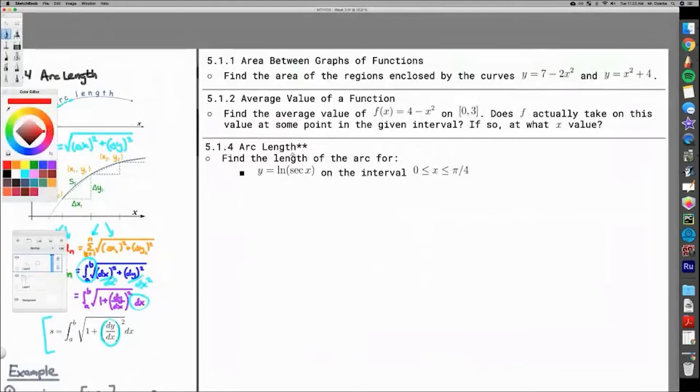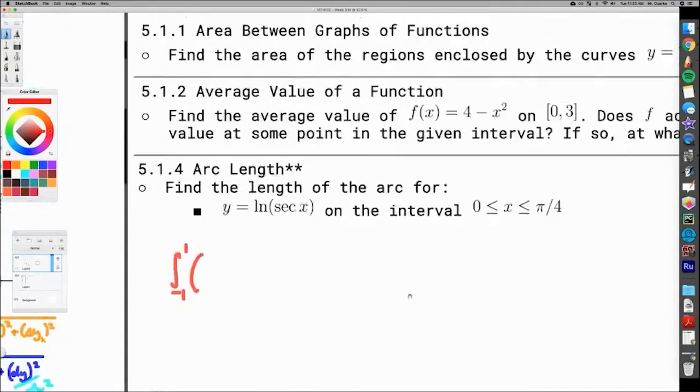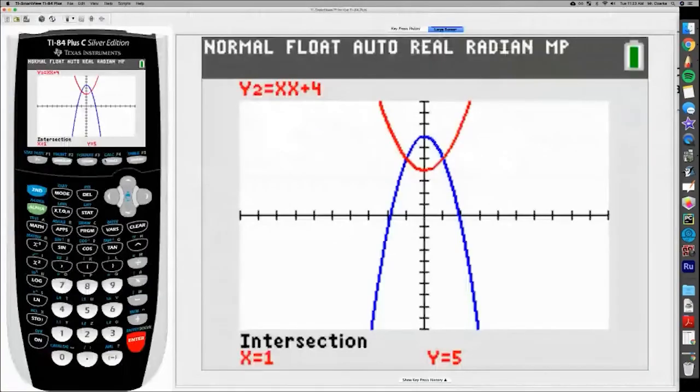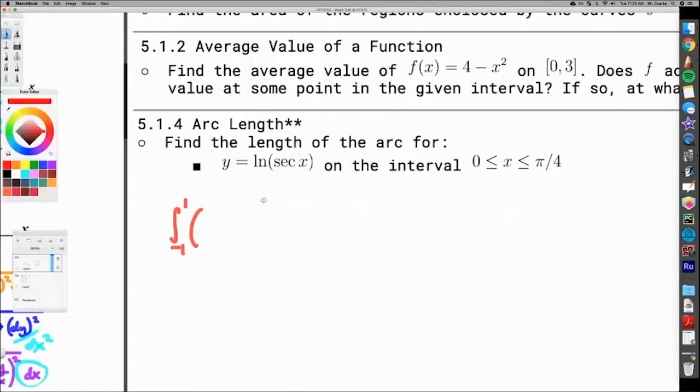So when you're setting up your integral, it's going to be integral, zoom in here, from -1 to 1 of whichever one's the one on top. And the one on top, I believe, is the first one. That doesn't always happen, by the way. The blue is the one that's on top here, which is 7 minus 2x. But I don't always put the one that's the first one listed in the problem on top.